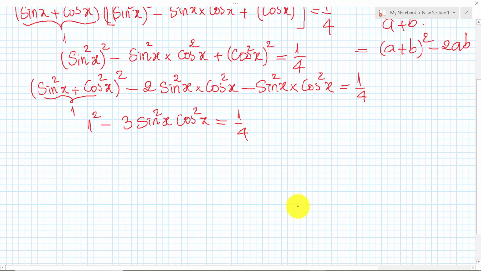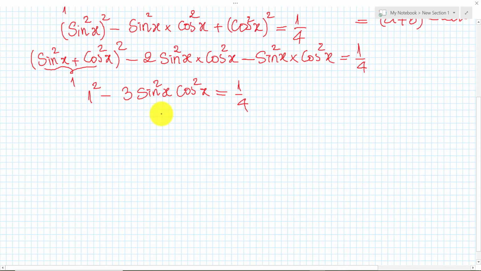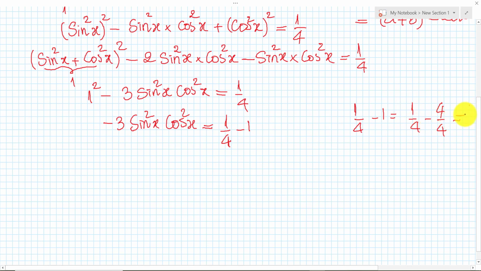And then we can write minus 3 sin^2(x) cos^2(x) equal to 1/4 minus 1. And 1/4 minus 1 is 1/4 minus 4/4, which gives minus 3/4. So minus 3 sin^2(x) times cos^2(x) equals minus 3/4.